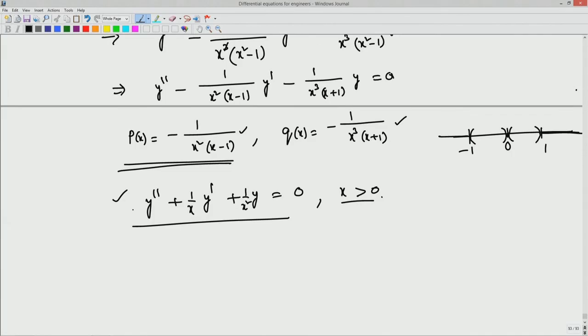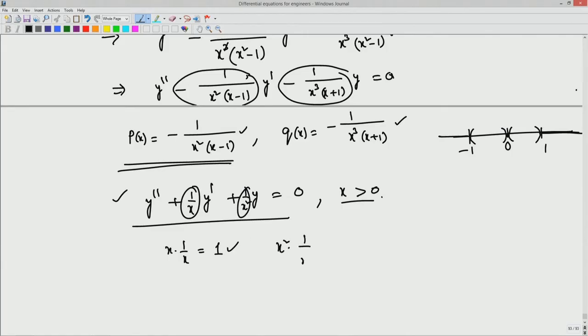So, this gives me a motivation, this equation, y double dash, p is this and q is this. If p is in this form, 1 by x, into x, which is 1, which has a power series. Similarly, x square into q, which is 1 by x square, which is 1, which has a power series.